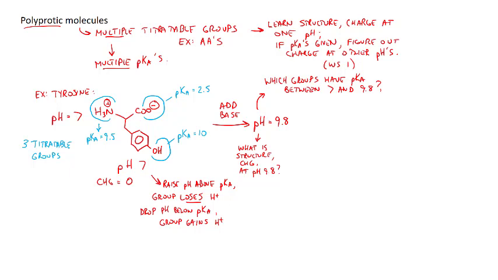So what do we notice? Well, we notice that our amine has a pKa of 9.5. That means that when we raise our pH value, it's going to lose a proton. So at pH 9.8, our molecule of tyrosine will predominantly, not every last molecule, but predominantly look like this.